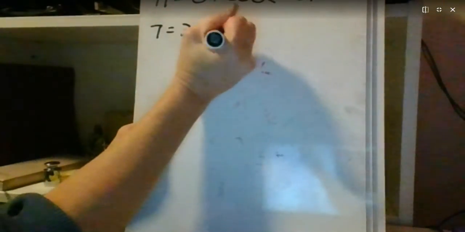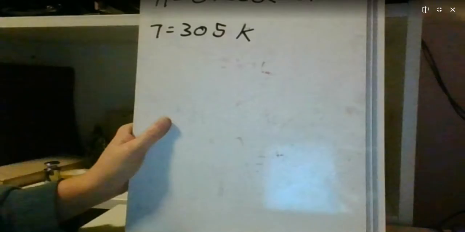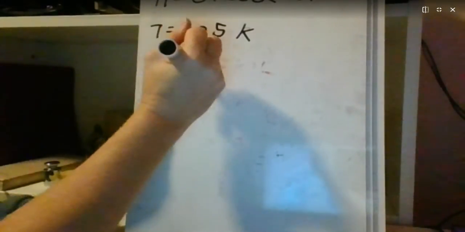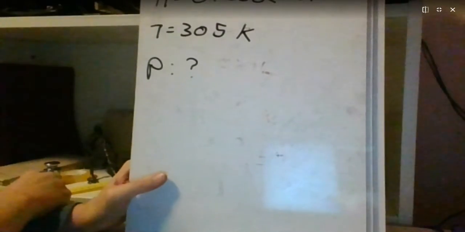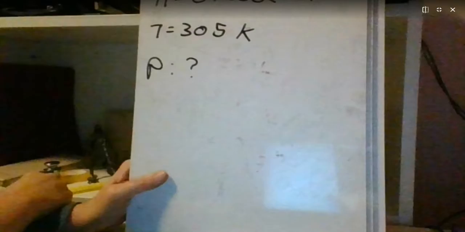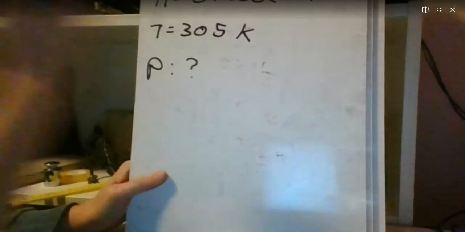And we have a temperature of 305 Kelvin. What is the pressure of the gas in the tire? All right, so let me read the problem again so you can pause it if you need to. An 8.5 liter tire contains 0.552 moles of gas at a temperature of 305 Kelvin. What is the pressure in atmospheres of the gas in the tire?